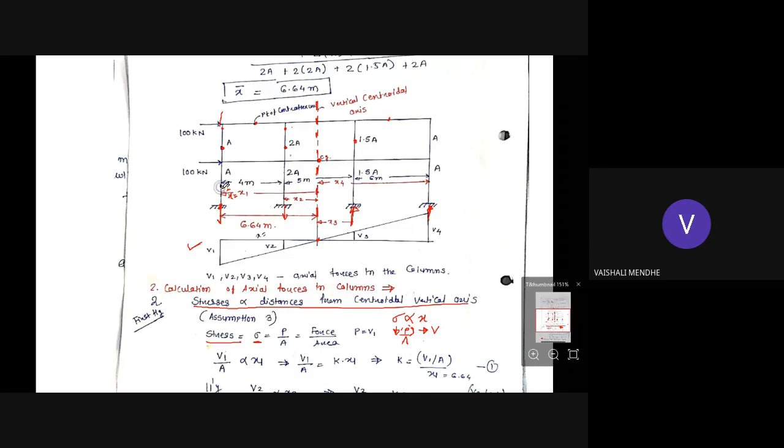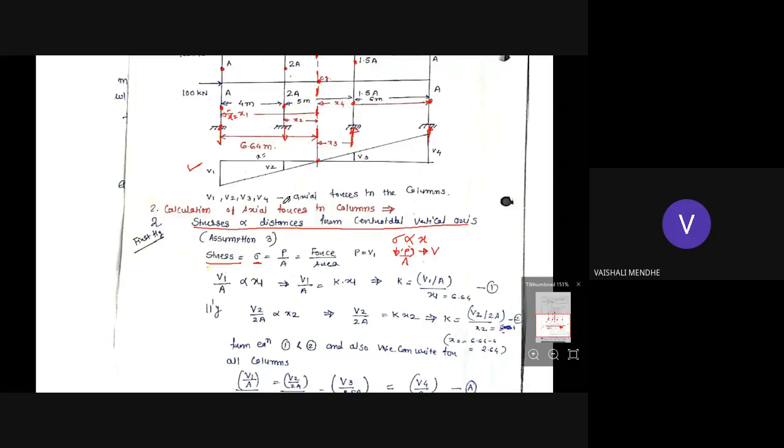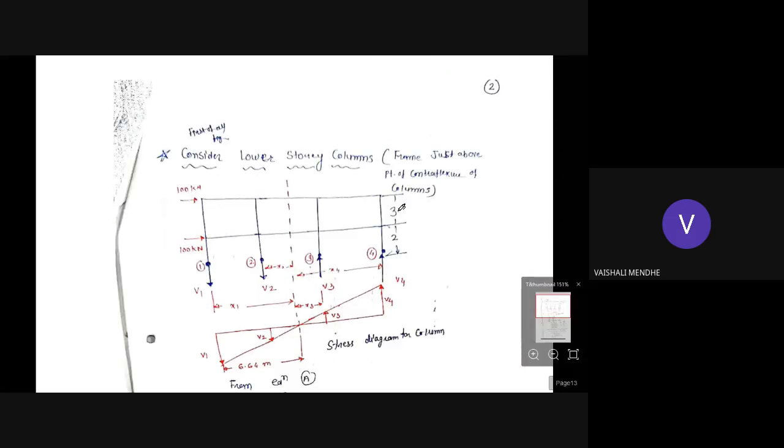This is the lower story frame and this is the point of contraflexure. To get the axial forces in the lower story column, we show the frame just above the point of contraflexure of columns, so first we consider the lower story column.